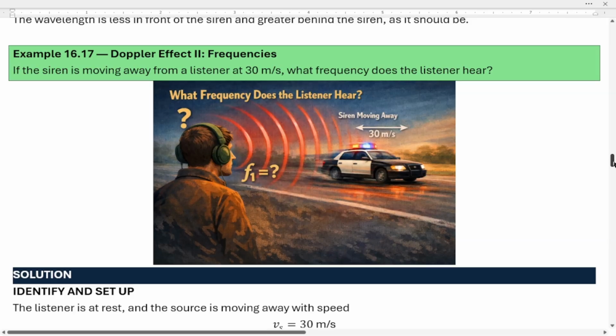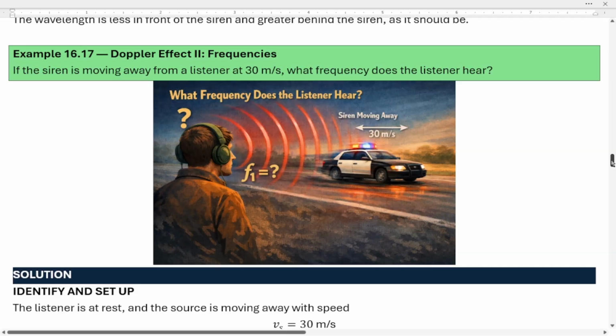In the previous problem, we determined the frequency of the sound that is received by the listener from the police siren that is moving 30 meters per second.